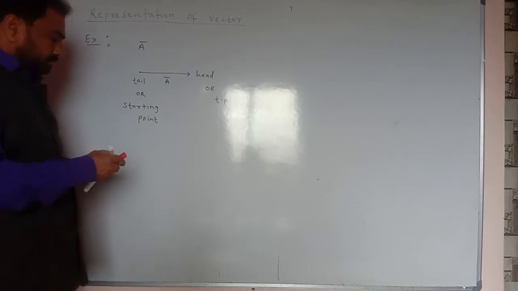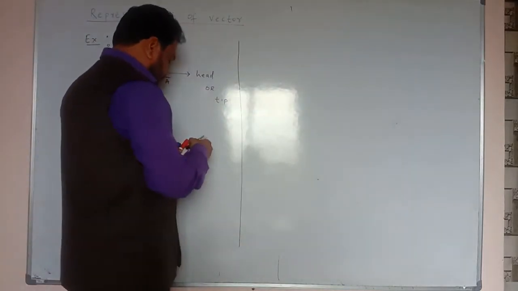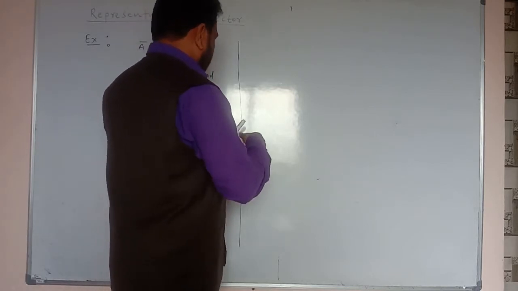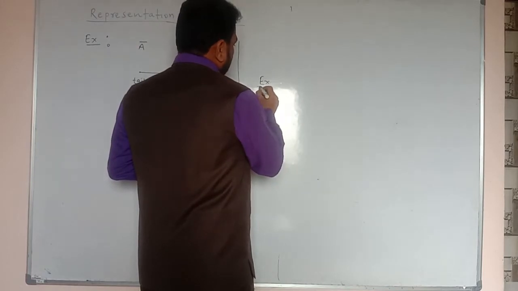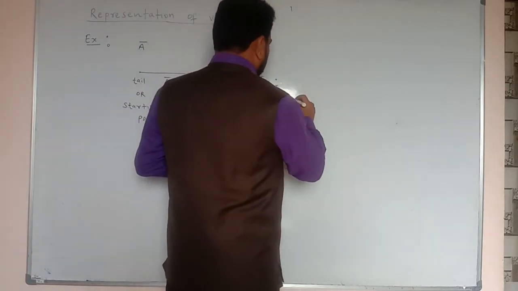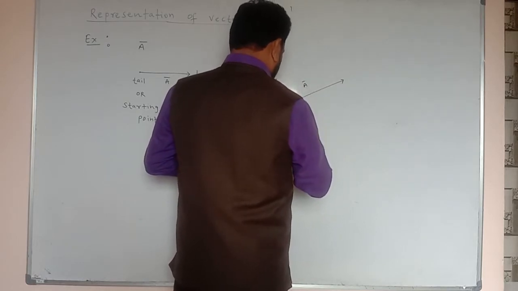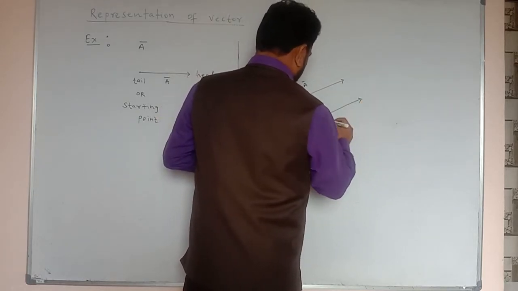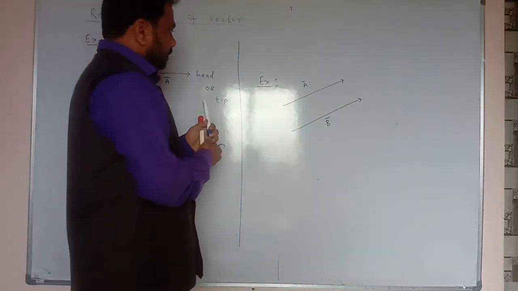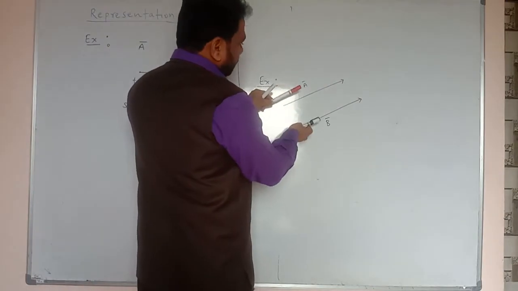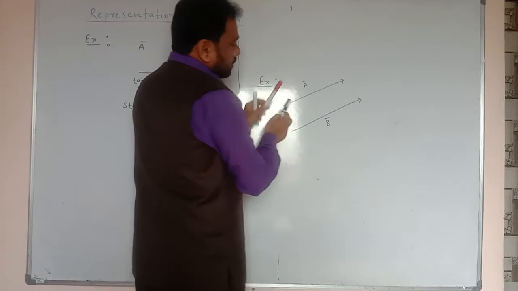Okay. So there are some types of vectors. See here, suppose we are taking two vectors, and both vectors are in the same direction. Vector A is here and another vector B is here. Now two vectors are moving in the same direction, and they have the same magnitude.